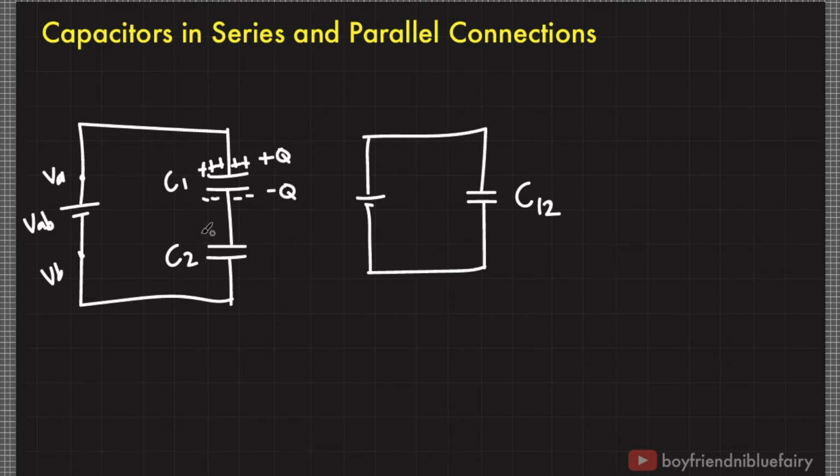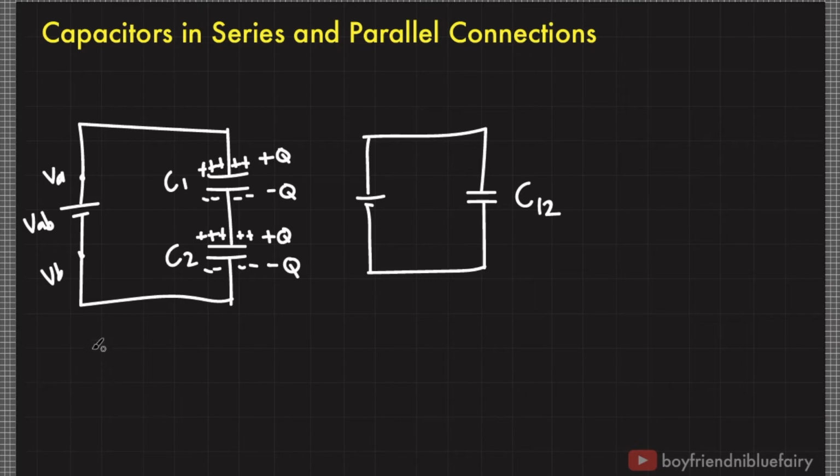What will remain are the immobile positive charges on this conductor, and because of such transfer of charges, this will have a charge of positive Q, equal in magnitude to negative Q. Because of this accumulated positive charge, it will also attract the mobile negative charges on the lower conductor, with the same magnitude, negative Q. So in a way, the two capacitors have equal magnitude of charge, Q.